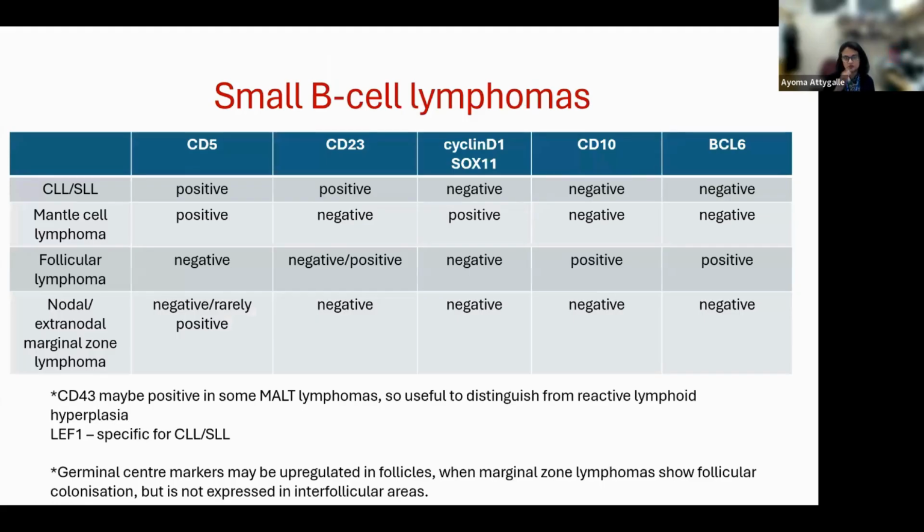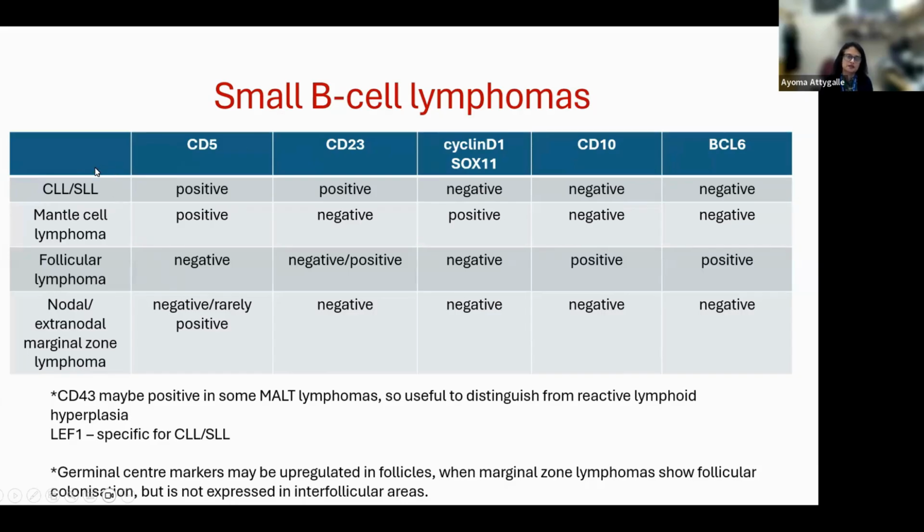So I don't know how many of you are training pathologists, but if you are sitting an exam, for instance, it's quite useful to be able to quickly construct a table such as this with the immunohistochemical markers, and which markers are positive and negative, which help you to work out what could arrive at the diagnosis based on the immunophenotype.